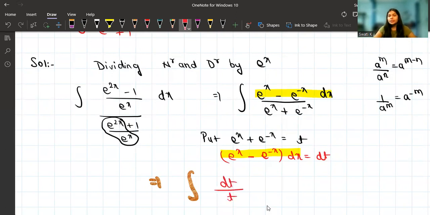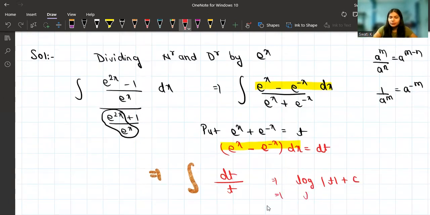Now you know the integration of 1 upon t is simply log mod t plus c. And you just need to put the value of t, that is log mod e raised to x plus e raised to minus x plus c. That's the answer. All right, we are done with this question as well.